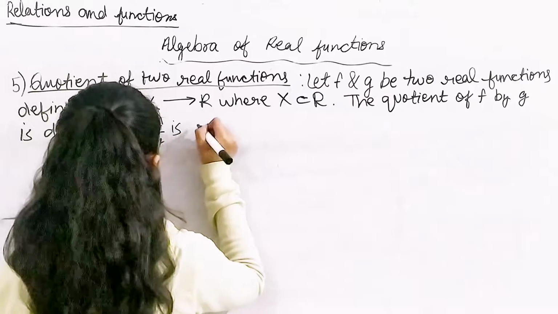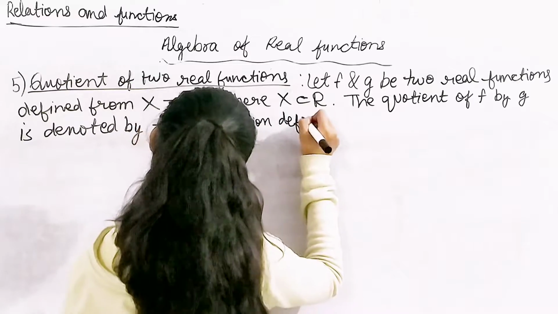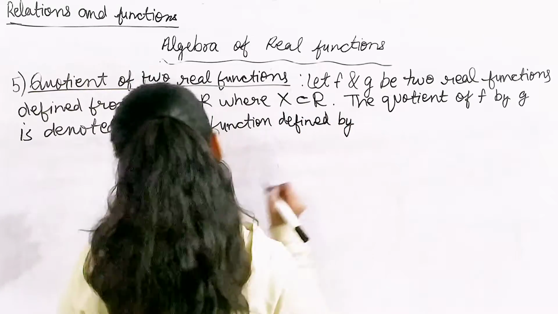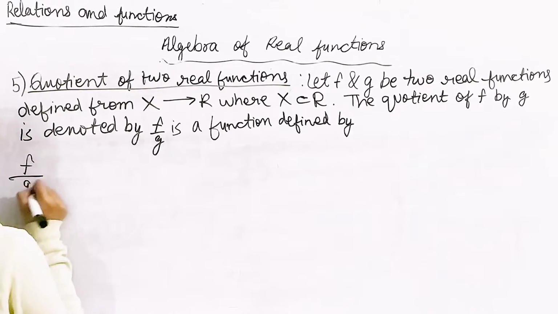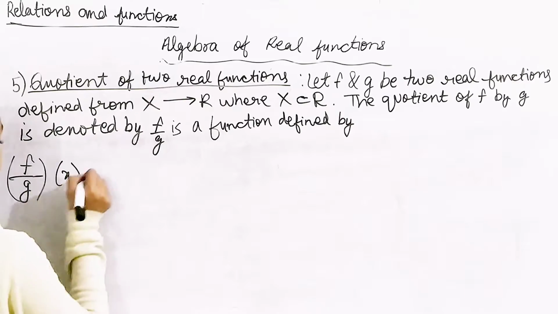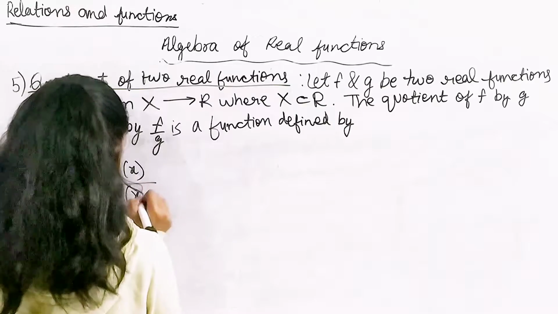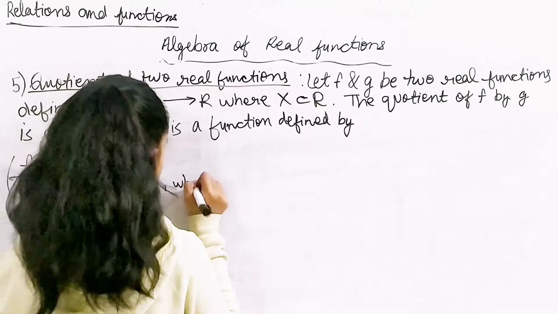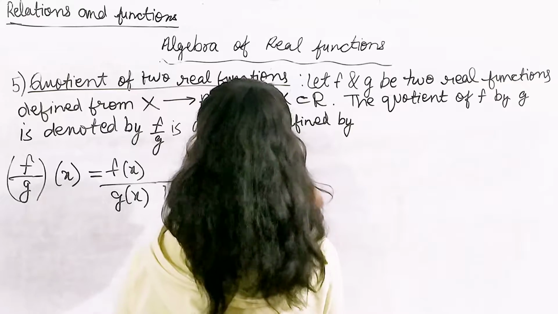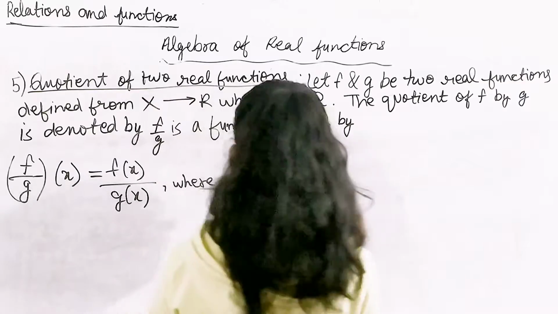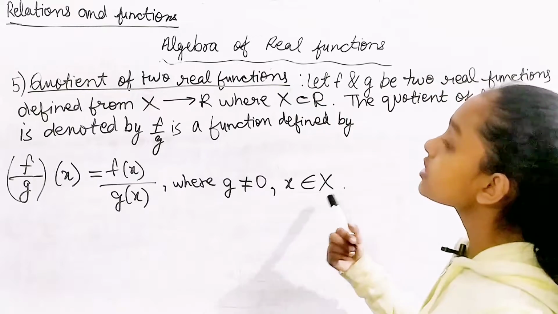So f by g is a function defined by (f/g)(x) is equal to f(x) upon g(x), where g(x) is not equal to 0 and x belongs to X, for all the x that belong to the first set.